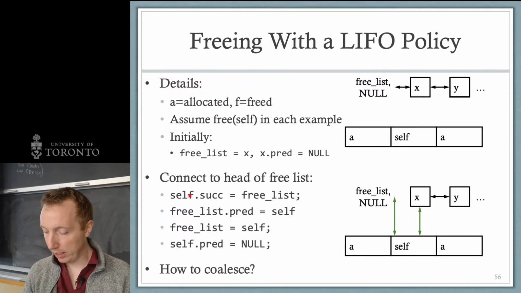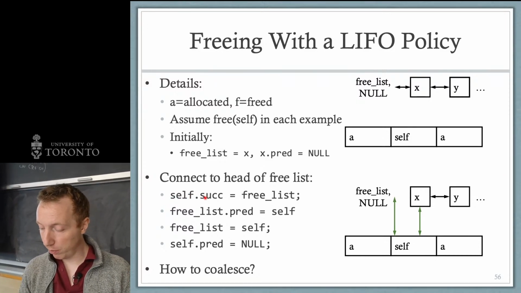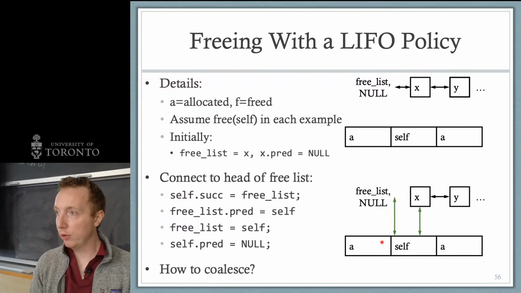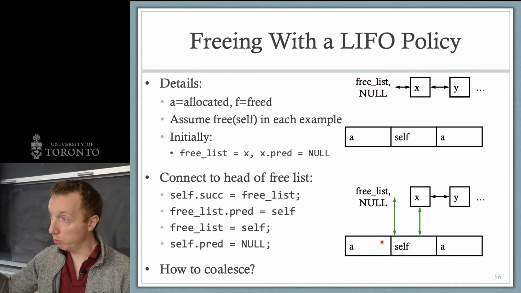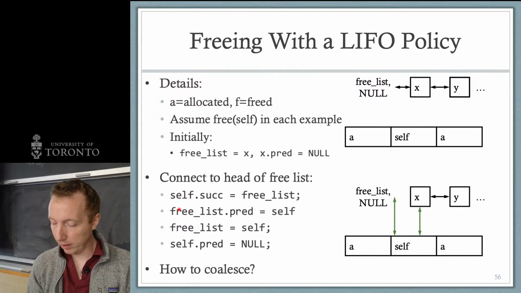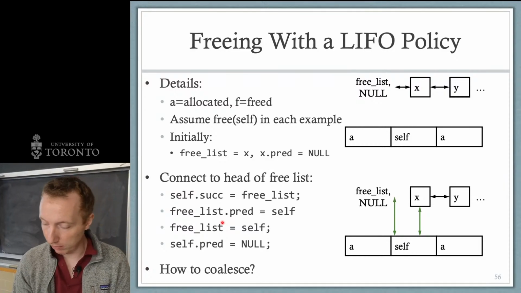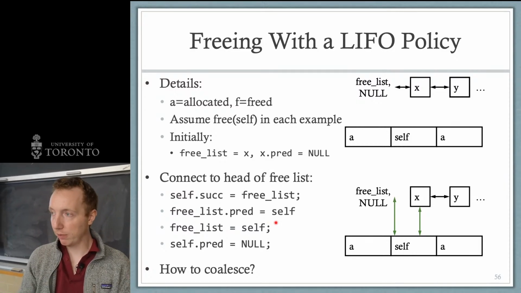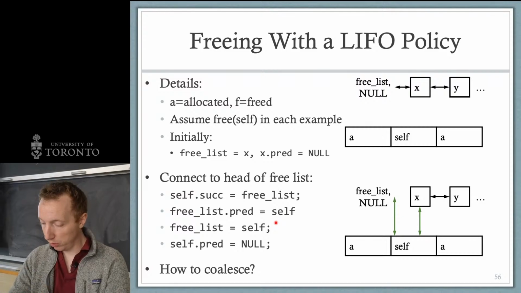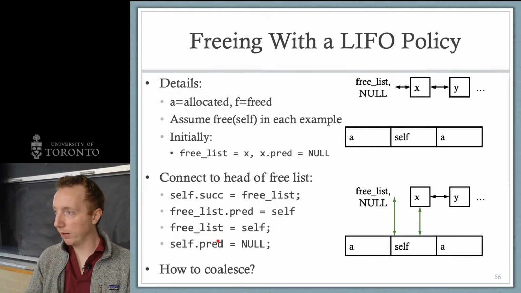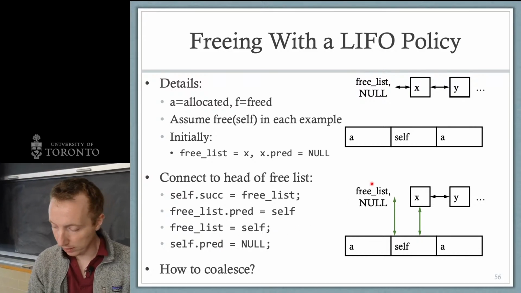We take the next pointer for this block that we are freeing, point it to whatever the free list pointed to before. Then I would set the free list previous to the new free block, since this is last in, first out, and then make the free list now point to the block I just freed, and then I have no predecessors. I'm at the beginning of the list.